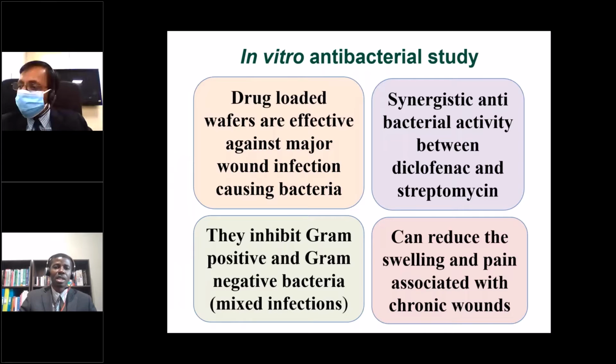So the summary from the antibacterial study here was that our drug-loaded wafers are effective against the major wound infection-causing bacteria. There was a synergistic activity between the diclofenac and streptomycin, and we're able to inhibit both gram-positive and gram-negative bacteria. And this is important because most infections in wounds are mixed anyway, so you can't only target one particular organism.